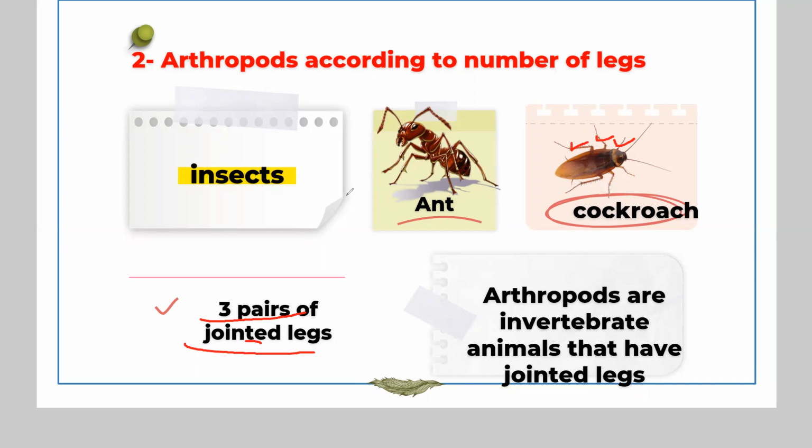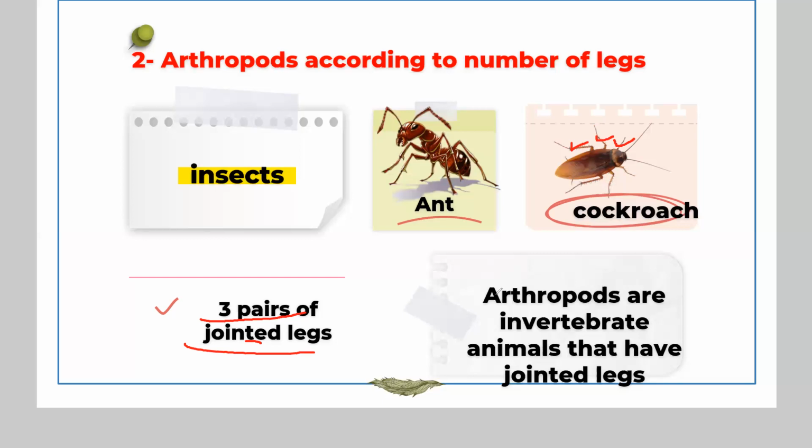And here in the ant, it also has 3 pairs of jointed legs. Arthropods are invertebrate animals that have jointed legs. Invertebrate means they don't have a vertebral column.